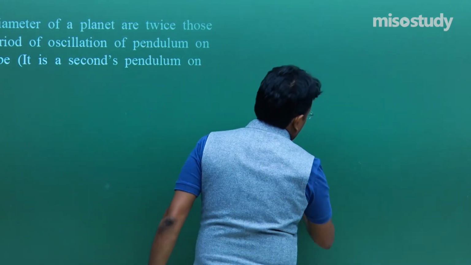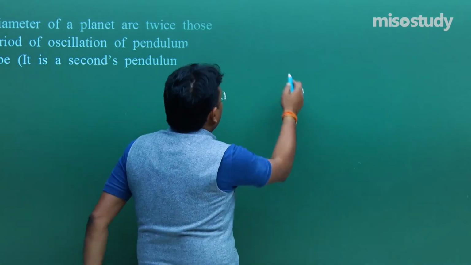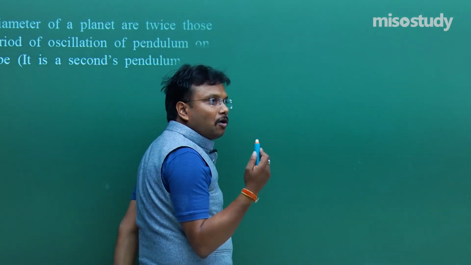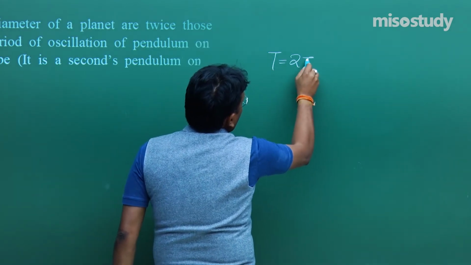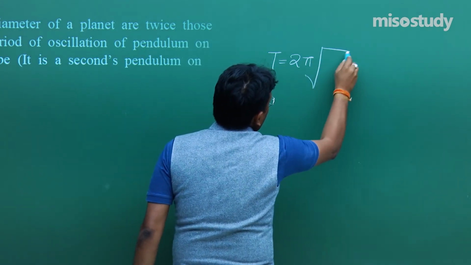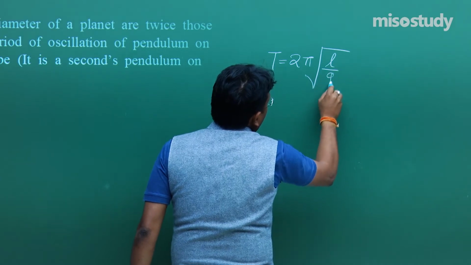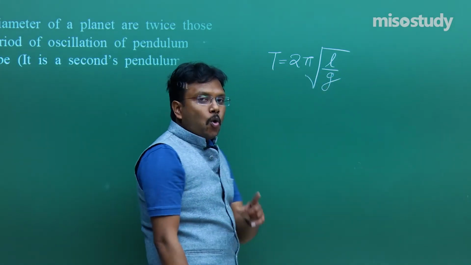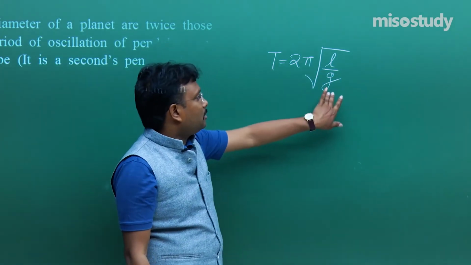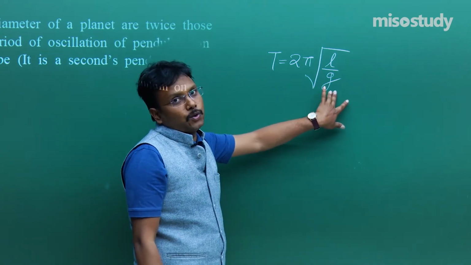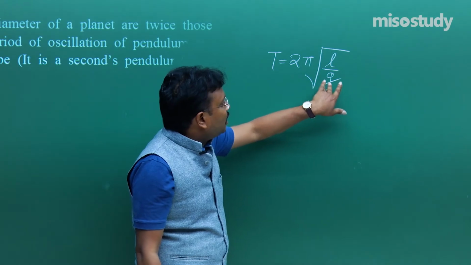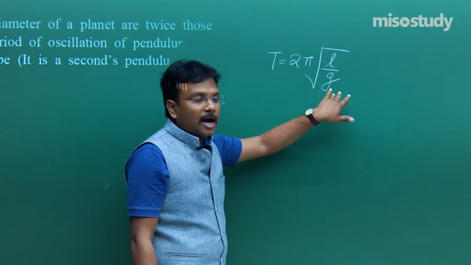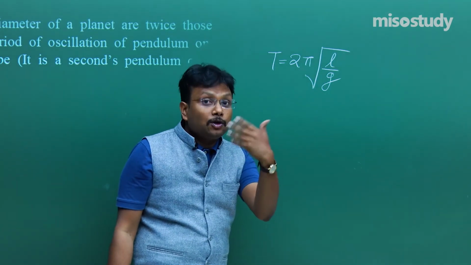Pendulum means the same pendulum which I used during the regular classes, T is equal to 2 pi under root L upon g. Who is going to create the problem? Small g is going to create the problem. The reason being, it is acceleration due to gravity and it is different from planet to planet.